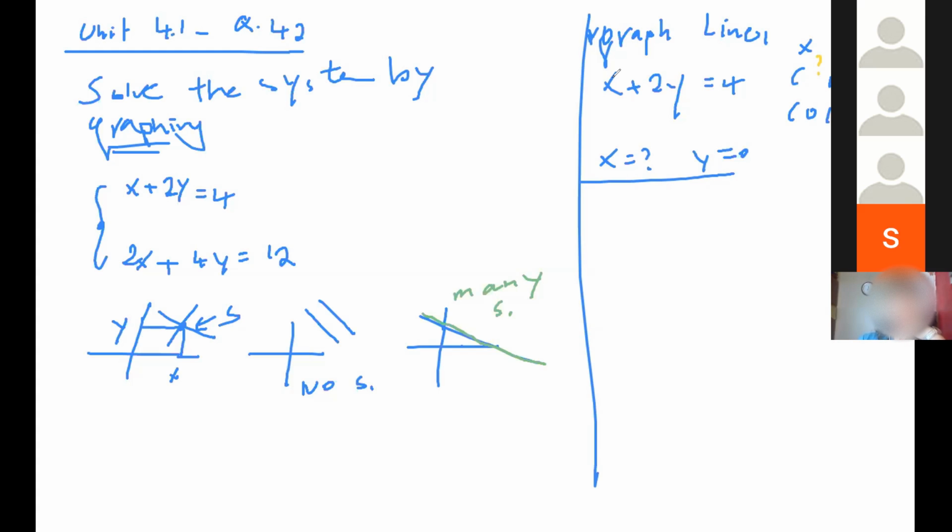You plug it in. Since we know y, we're going to plug it here. This will cancel out because y is 0, then the equation turns into x equals 4. So we substitute this into this equation.